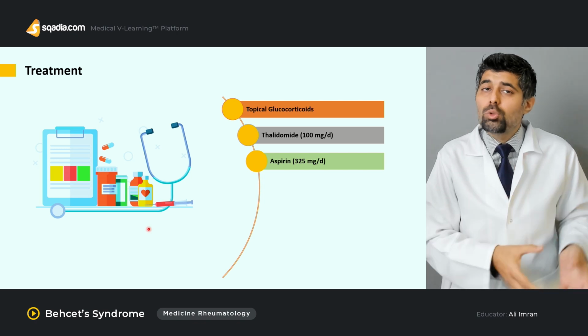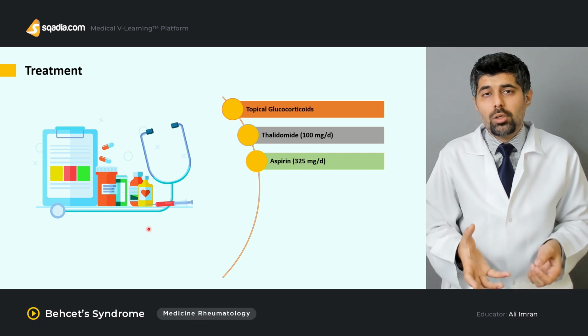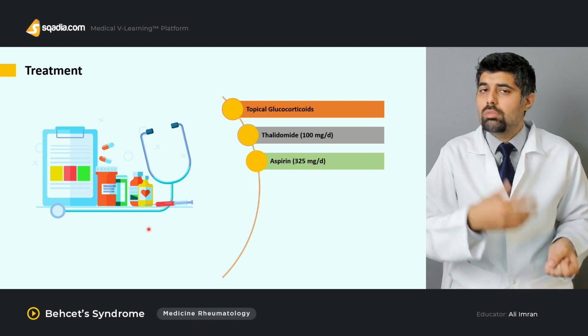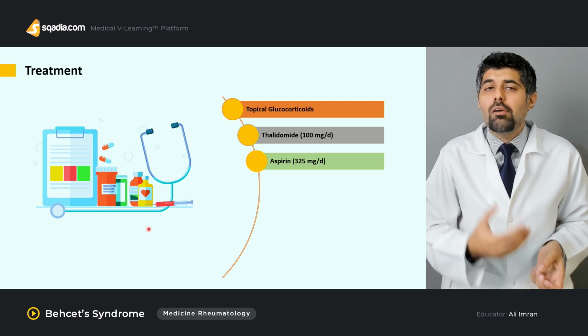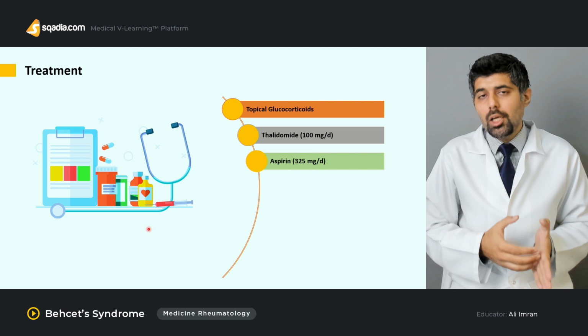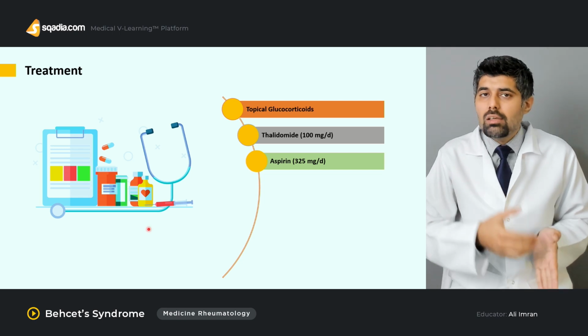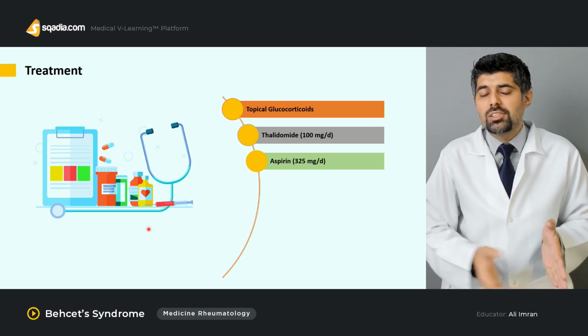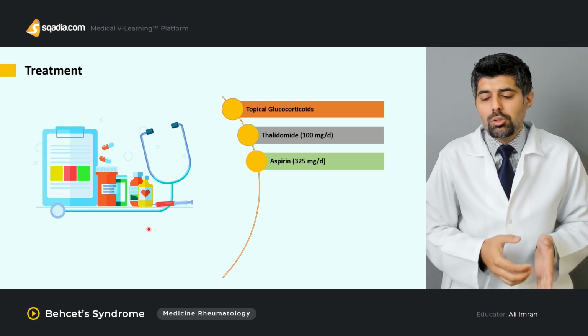So in all those patients, along with topical glucocorticoids or the anti-inflammatory therapy, we also add aspirin in order to counter all the inflammatory changes taking place in the vascular bed.